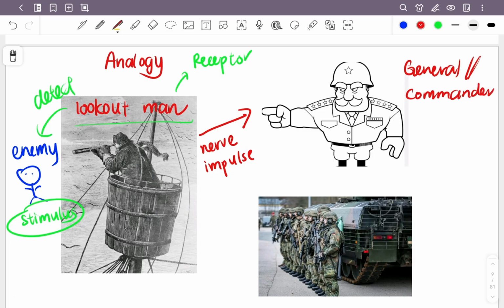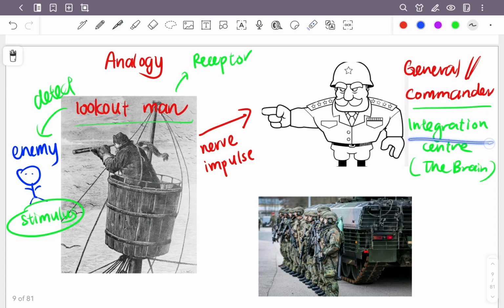After the general or commander receives the nerve impulse, he is going to process the signal or information to decide whether or not to attack, correct? So you can use an analogy to describe this general or commander as the integration center, which once again we usually refer to as the brain, because the brain controls the activities in our body. So this general is just like the integration center, like the brain.